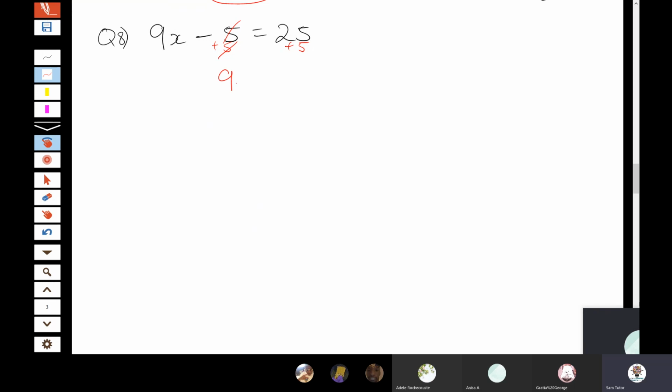So it becomes 9x equals 25 plus 5, which is 30. Then I will bring this guy over to here by dividing by 9. X equals 30 divided by 9. Again, if you want to simplify, you can divide them both by 3. That becomes 10 over 3. Any questions there?